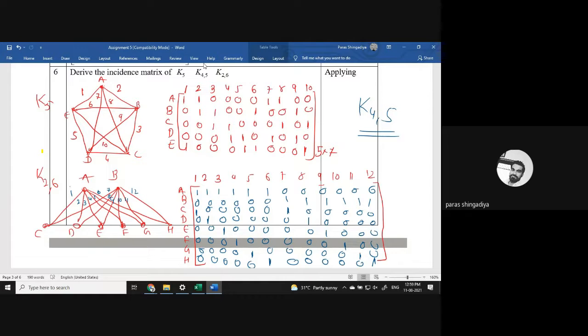Any confusion to anyone, any query? Okay, good. Now you can write down this part, otherwise take a screenshot of this solution. And if you change the notation, then some rows will be interchanged, but the result will always be the same.